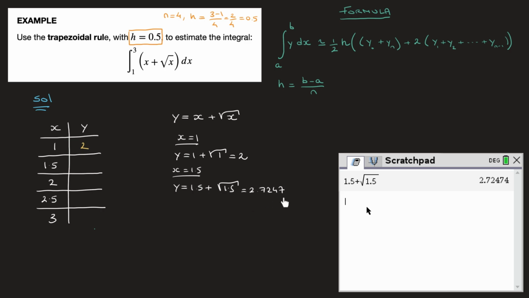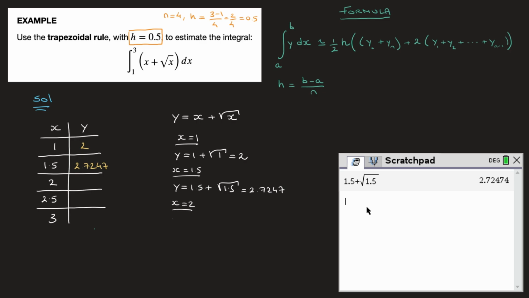And in my working here, I'll go as far as 4 decimal places, and that's simply to not introduce too much error due to rounding. But in my final answer, I'll be rounding things to 3 significant figures. For now, though, I write this value in my table. So that's 2.7247.